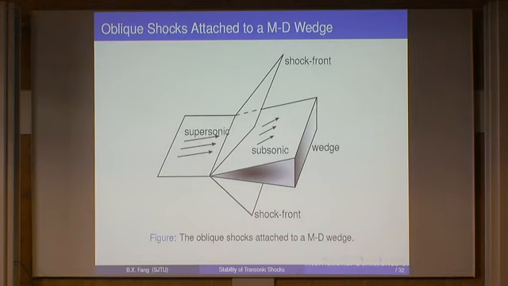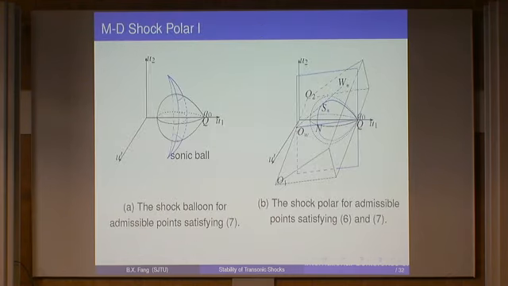And then for the multi-dimensional case, it's a little bit more complicated, because we have a third direction parallel to the edge of the wedge. So here we have an edge. In this case, we can also obtain the shock polar with just a few more steps. First, the conservation of mass across the shock front.